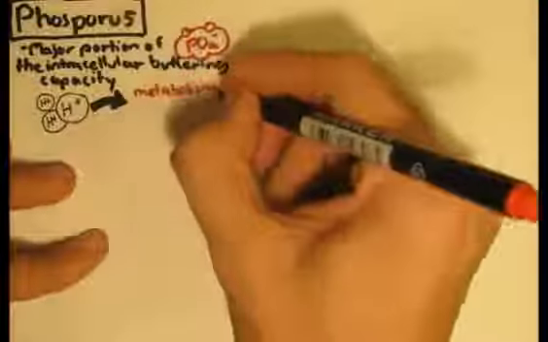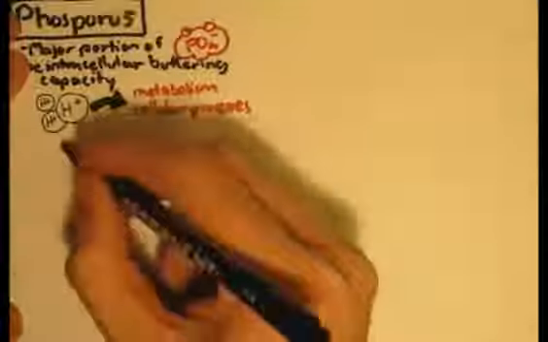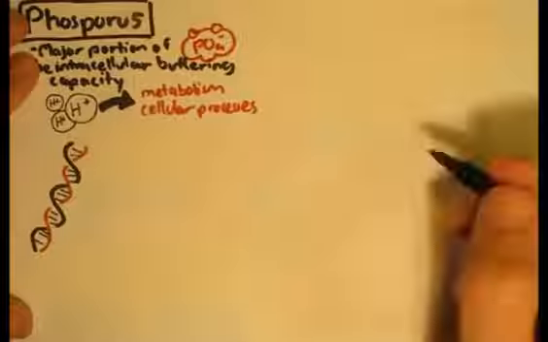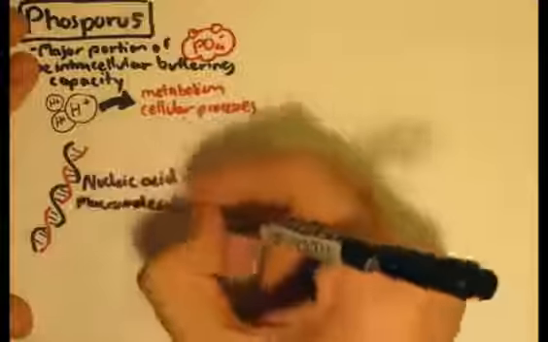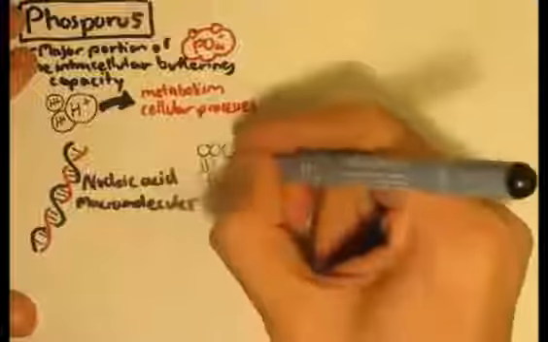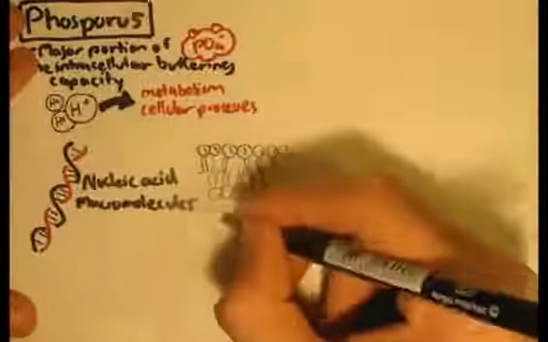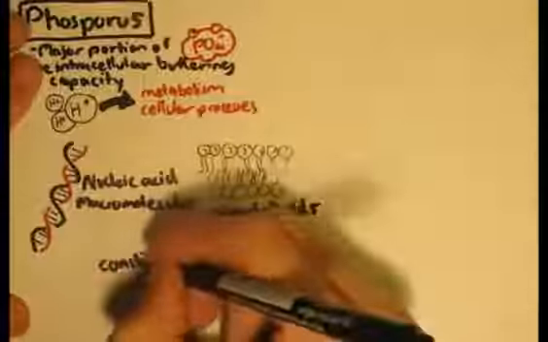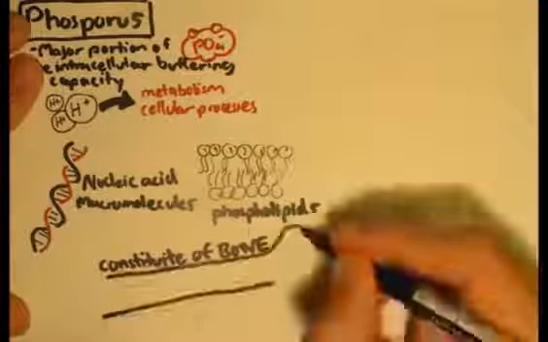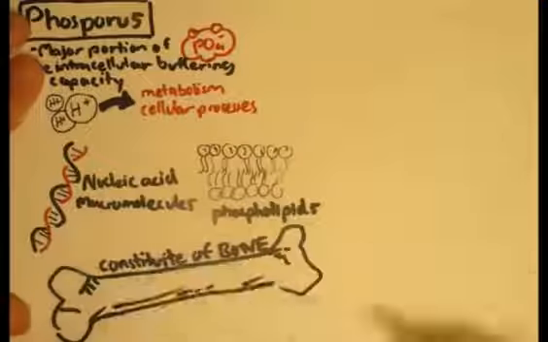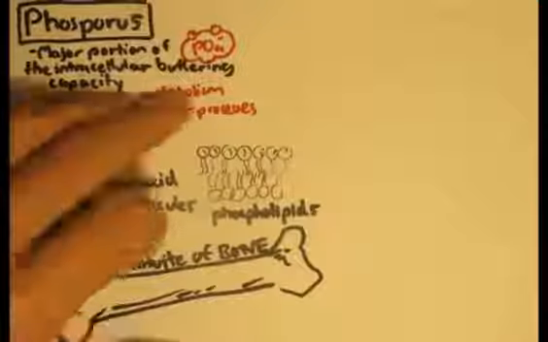Now this is vital for metabolism and cellular processes. Phosphorus is part of nucleic acids, such as the ones found in DNA, and also macromolecules. It is also a component of the cell membrane, the phospholipids. Now phosphorus is also an important constituent of bone, as we'll soon find out.